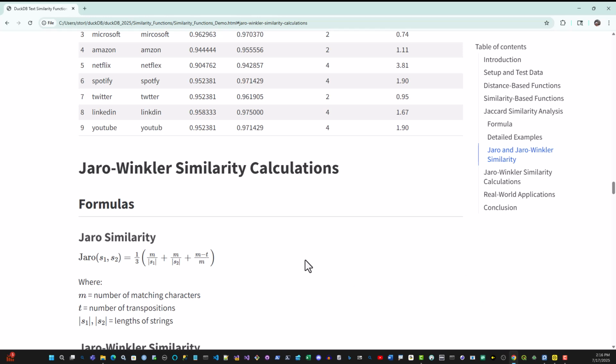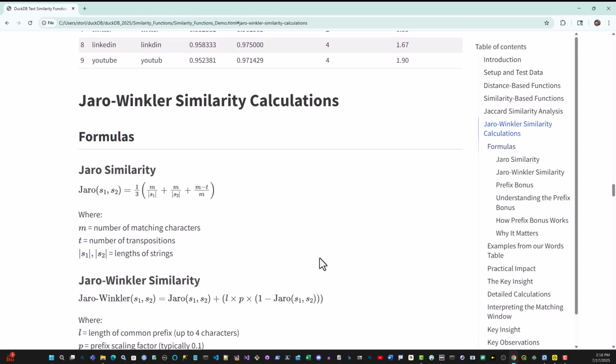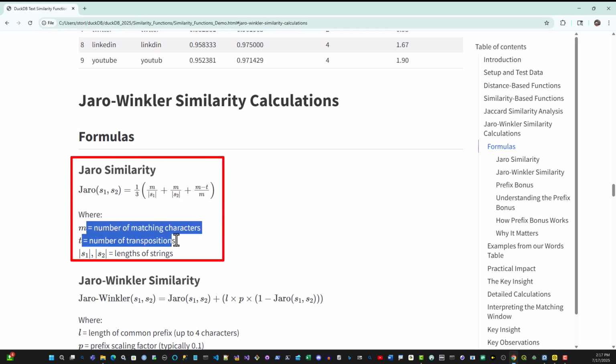The Jaro similarity function formula looks like this. It's the Jaro function, and then you add one word and you add the second word. And then you take 1 over 3 times m, which is the number of matching characters, over the length of the strings.